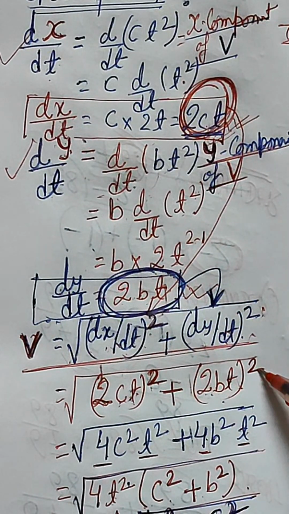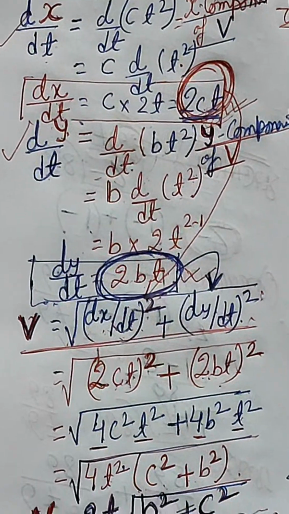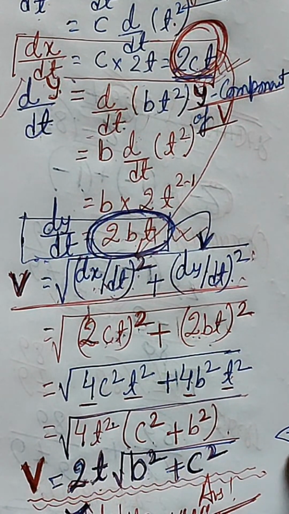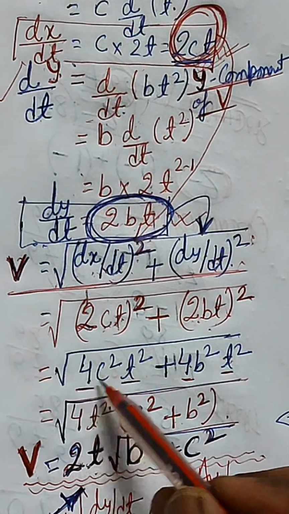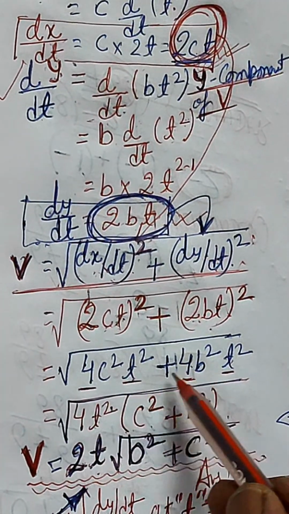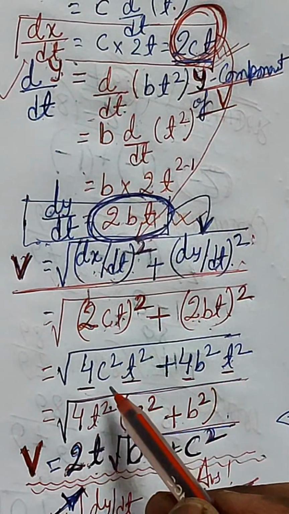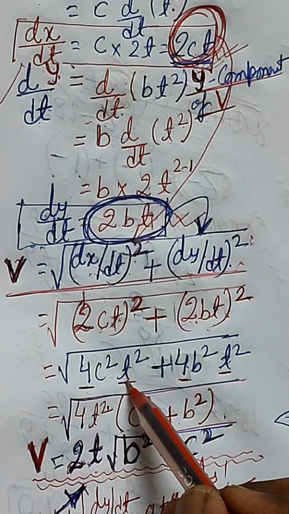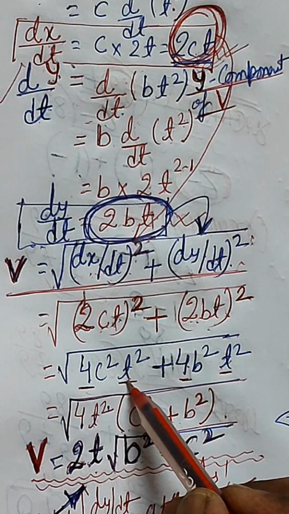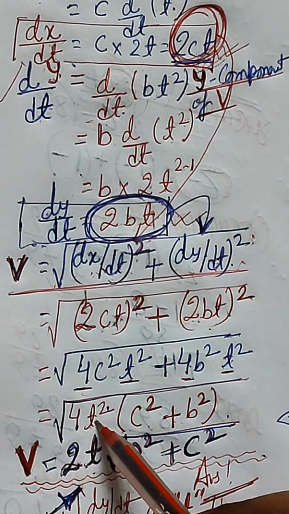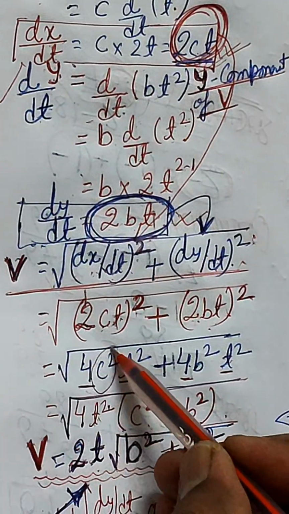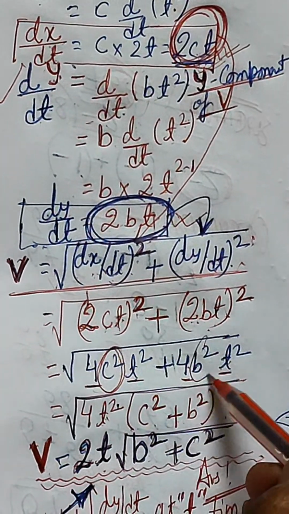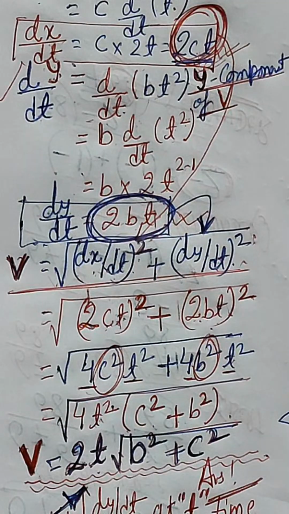In place of dy by dt, we put up this value and take a square of this. And when you just solve it, you can see 4t square is common in both the terms. So that's why 4 and t square, which I have underlined, is taken as common. And we are left with this c square and this b square, right?